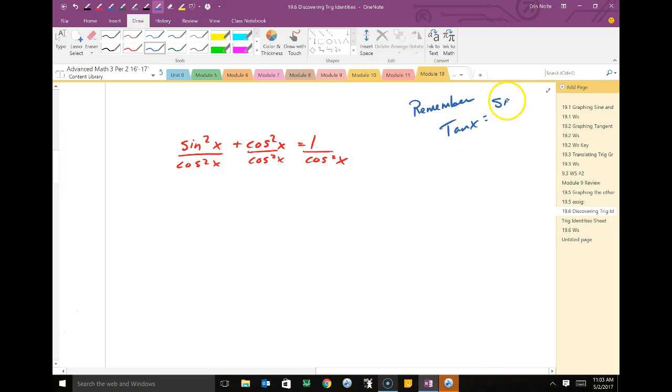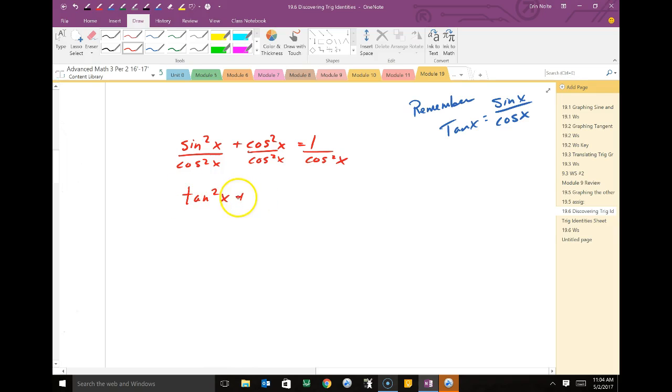Tangent is equal to sine over cosine. You're going to have to write this down eventually, so if you want to write it down now, go for it. So if tangent is sine over cosine, then what is sine squared over cosine squared? Tangent squared. So this first term simplifies into tangent squared.